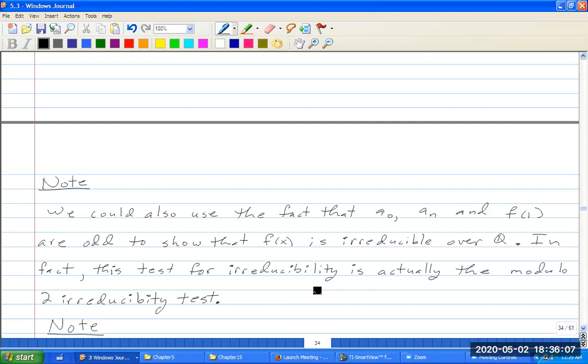From the beginning, we could also use the fact that a0, an, and f sub 1 are odd to show that f is irreducible over Q. So in reality, the test that I gave you for oddness was really the same as irreducibility modulo 2. So these tests are really, quote unquote, the same.